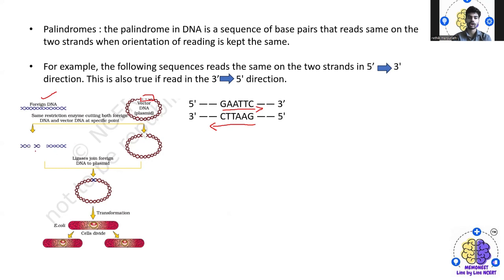Now we incorporate the desired fragment of the foreign DNA into the vector with the help of ligase, which joins the foreign DNA to the plasmid. Once the plasmid is ready, it is transformed into E. coli, which is the desired organism, and cell division takes place. In each cell division, you get the desired character that you were expecting.